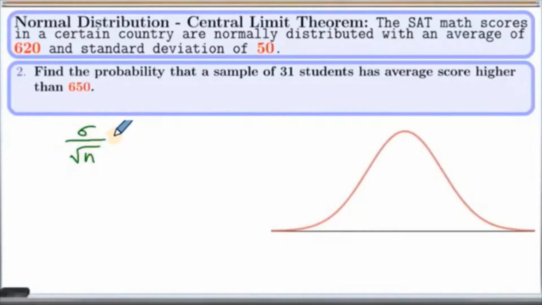This will be the standard deviation that we'll be using in our calculations, which is equal to 50 over the square root of 31, which is equal to 8.98.